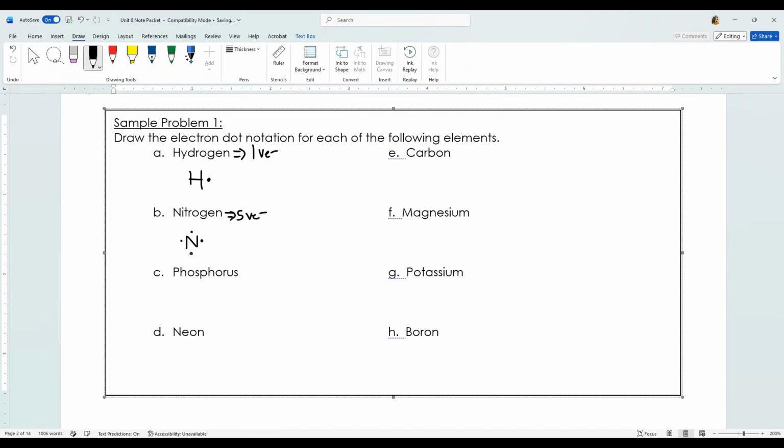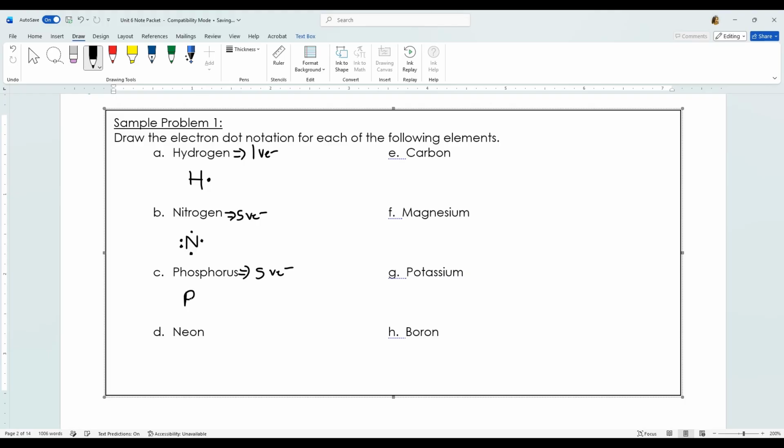We want to unpair those electrons once, and then we can go back and pair them. So this is correct for the electron dot notation for nitrogen. And remember, it doesn't matter which side has the lone pair on it, as long as it has 1 pair of electrons. Phosphorus is actually right below nitrogen, so it also has 5 valence electrons.